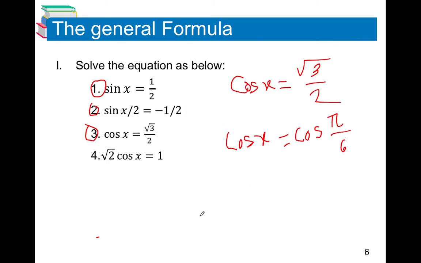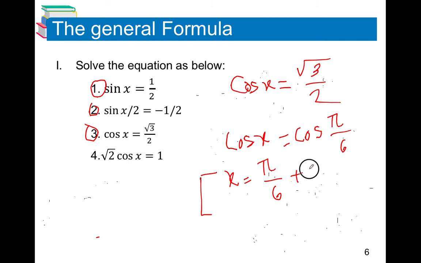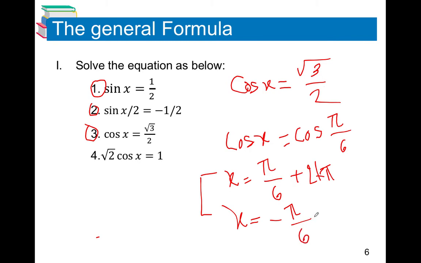Okay, now we can write like this: h equals pi over 6 plus 2k pi, and then h equals minus pi over 6 plus 2k pi.